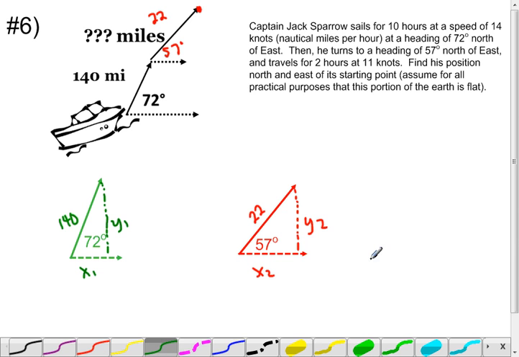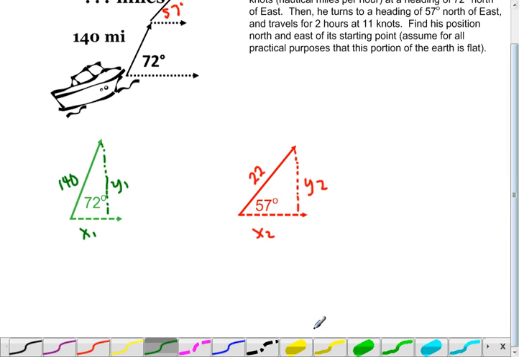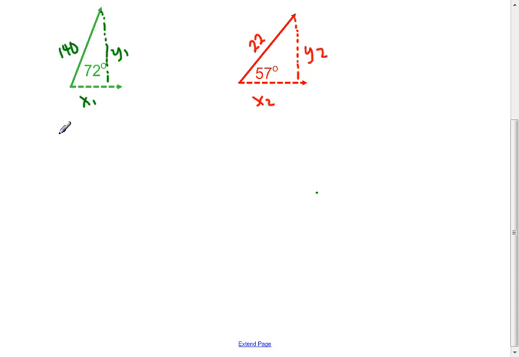Let's start with the green, and we'll give ourselves a little bit more room here. To figure out the x, we're going to use cosine, so it's going to be cosine 72 is x1 over 140. And so we take 140 times cosine of 72, and I get x1 is 43.26.